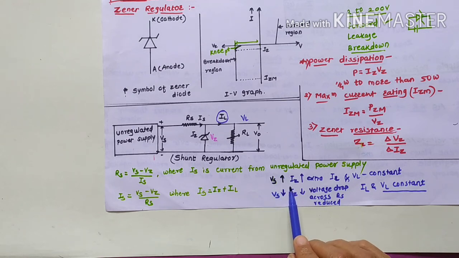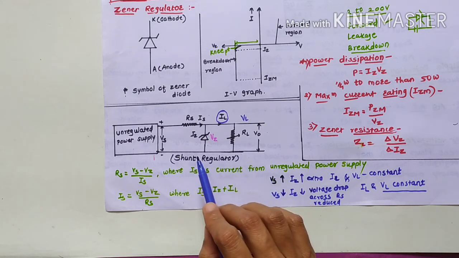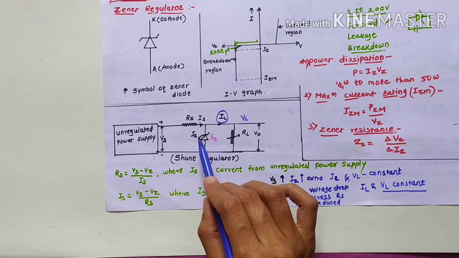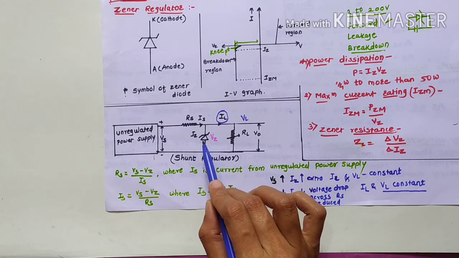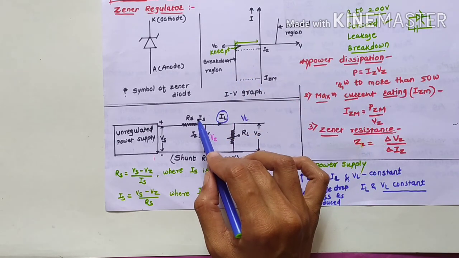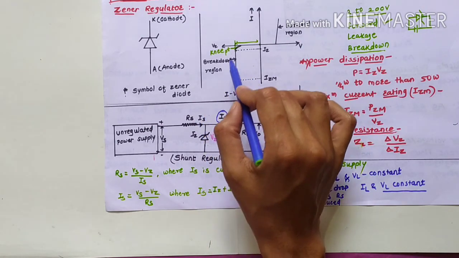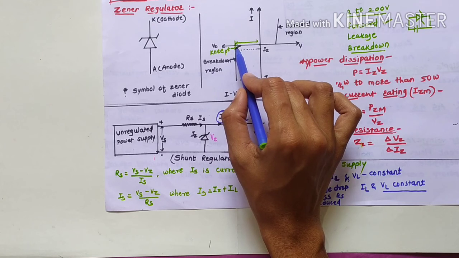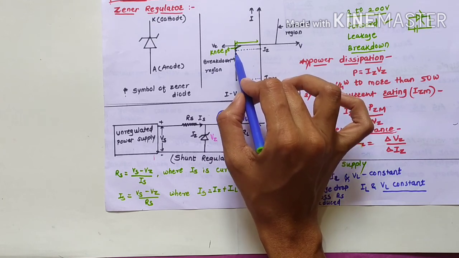Now what about supply current or load current variations? When the Zener diode operates in breakdown, the Zener voltage Vz remains constant even though the current flowing through it may change.